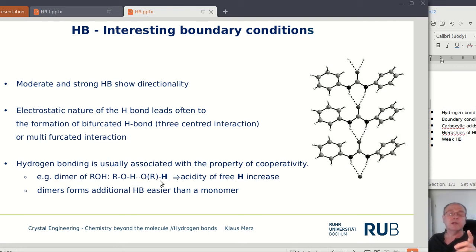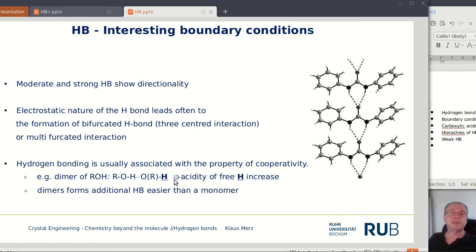Now there's another hydrogen here. That's what I mean. And the hydrogen that is not interacting at this moment in any hydrogen bond in the aggregation has a higher acidity. And what's going on?